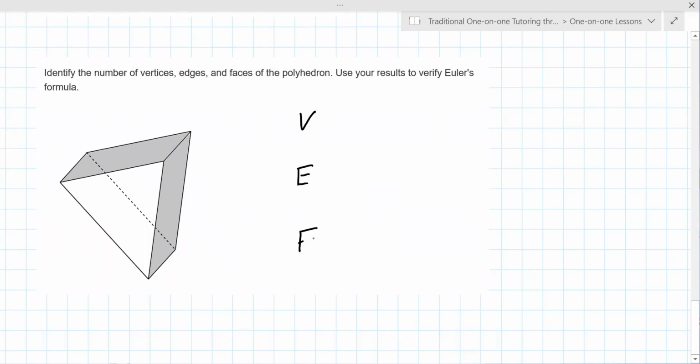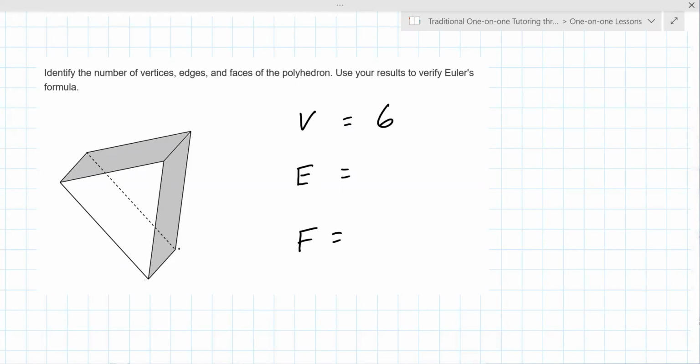So go ahead and just pick one or the other and tell me what you see, okay? I see 6 vertices. Okay, 1, 2, 3, 4, 5, 6. That has them all. Okay, good. How about edges or faces?